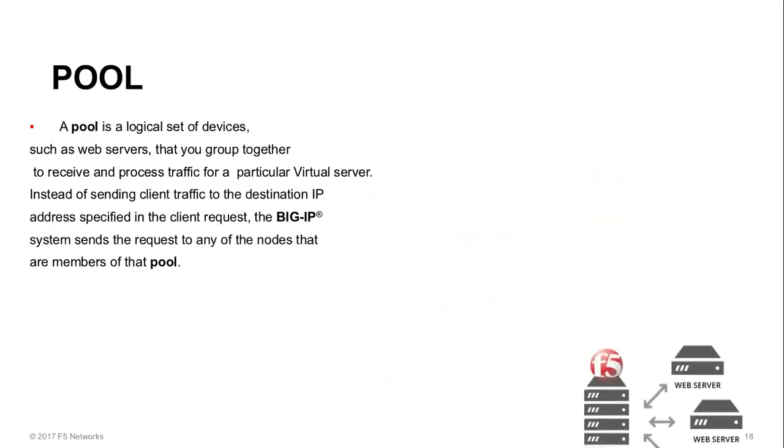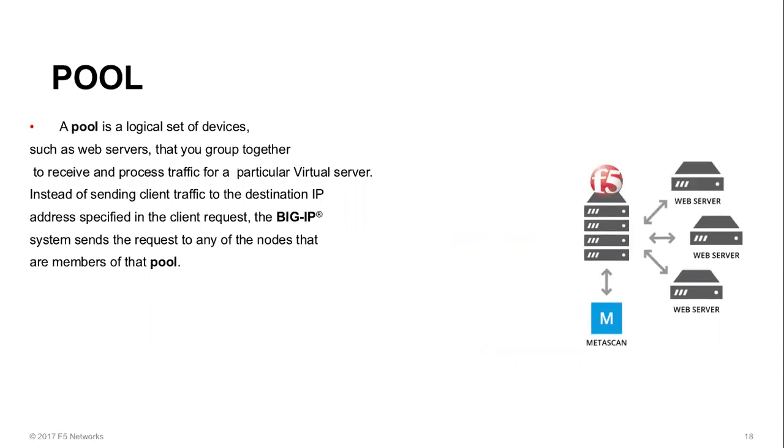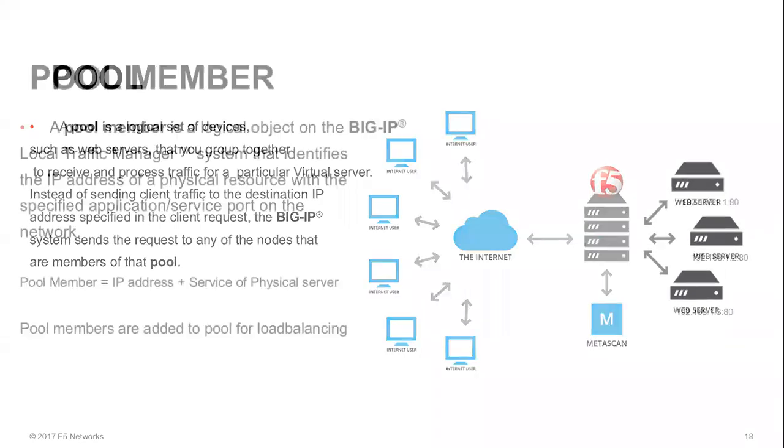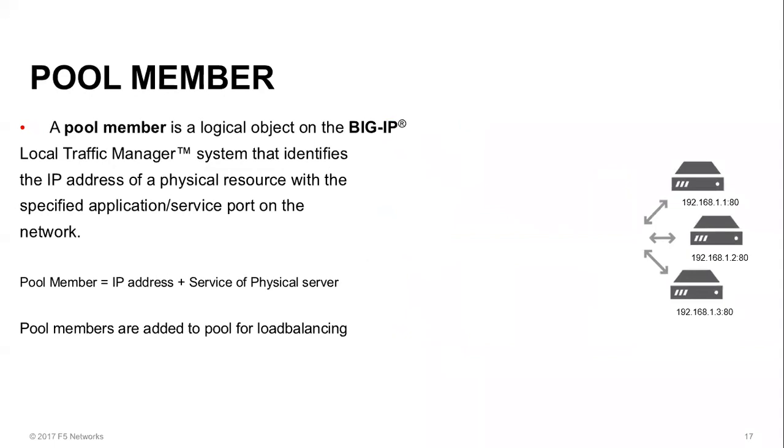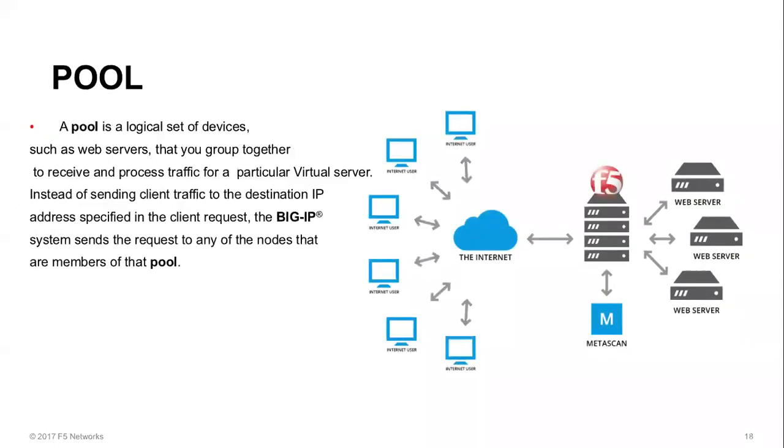So here we have the pool. The pool is a logical set of devices, such as web servers, that you group together to receive and process traffic for a particular virtual server. Instead of sending client traffic to the destination IP address specified in the client request, the BIG-IP system sends the request to any of the nodes that are members of that pool. For you to be a member, that means you belong to a particular group.